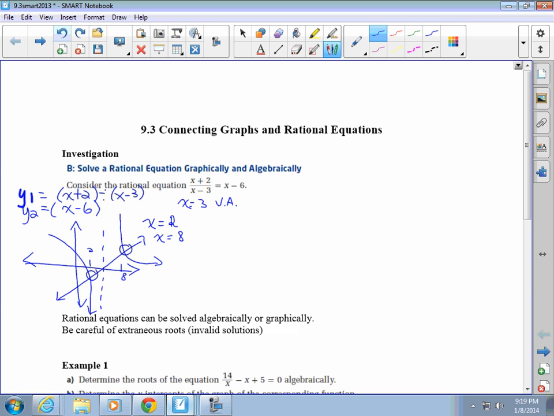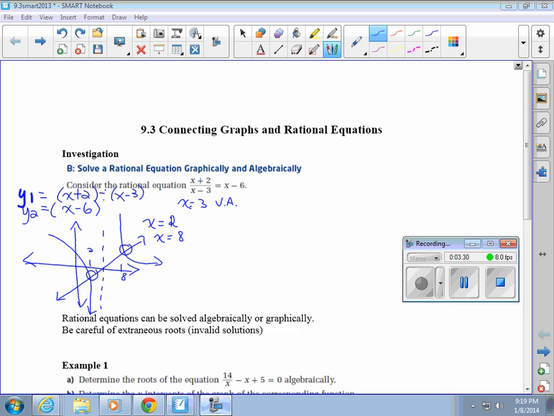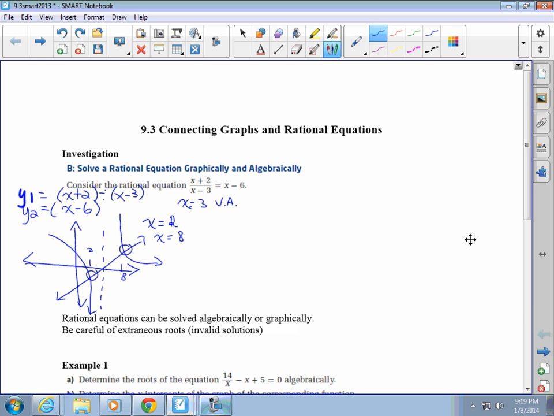To solve that algebraically, x plus 2 over x minus 3 equals x minus 6. I have to solve for x. So first I'm going to cross multiply.